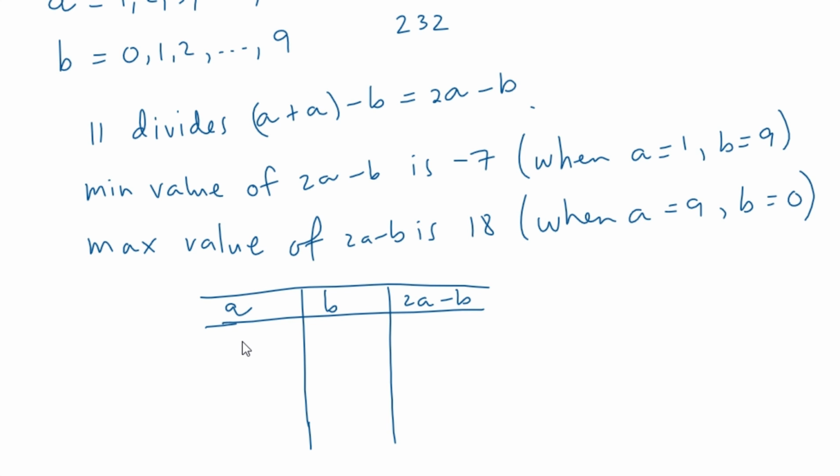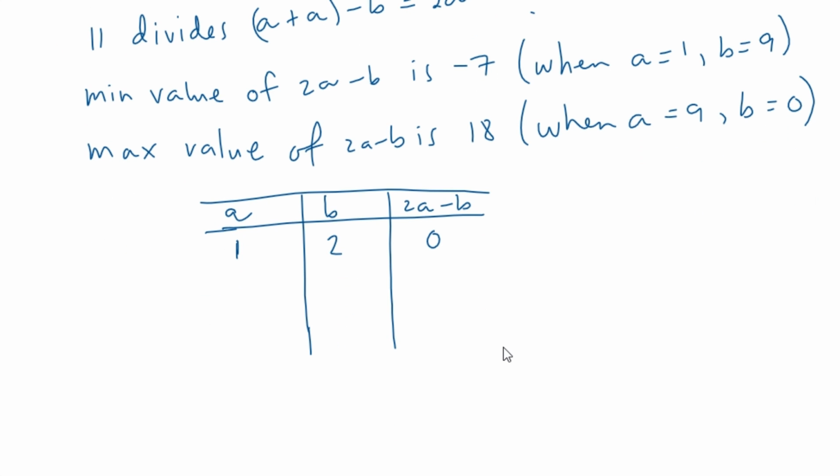Okay, so is it possible to have A equals 1? So if A equals 1, B must be equal to 2. Because if A equals 1 and B is equal to 2, we have 0 as the value of 2A minus B. And 0 is divisible by 11. Now, is it also possible to have A equals 2? So if A equals 2, B must be equal to 4.